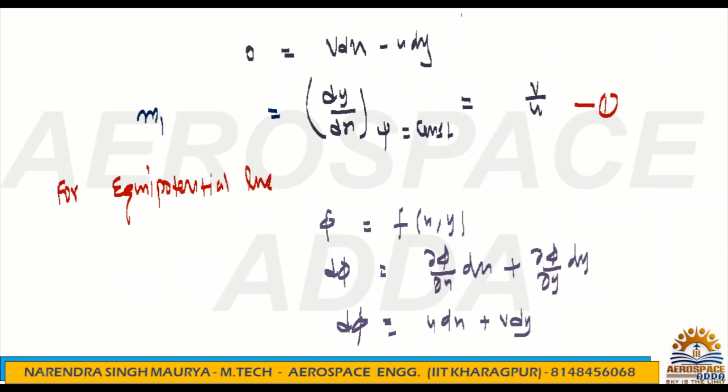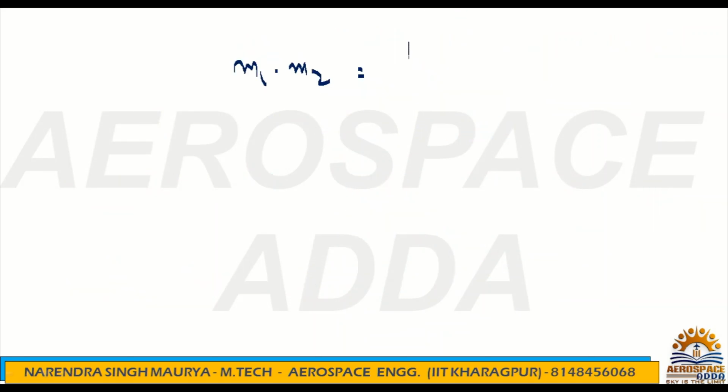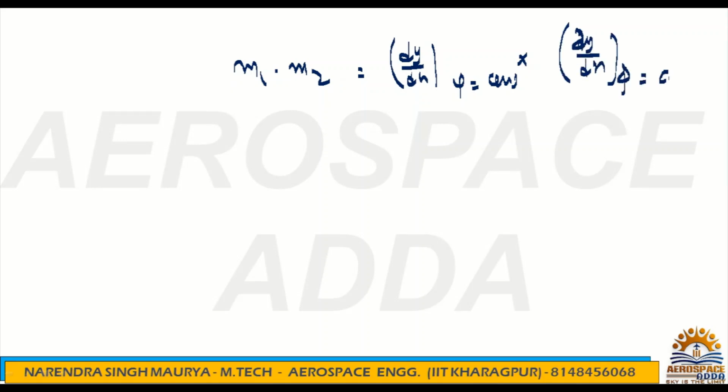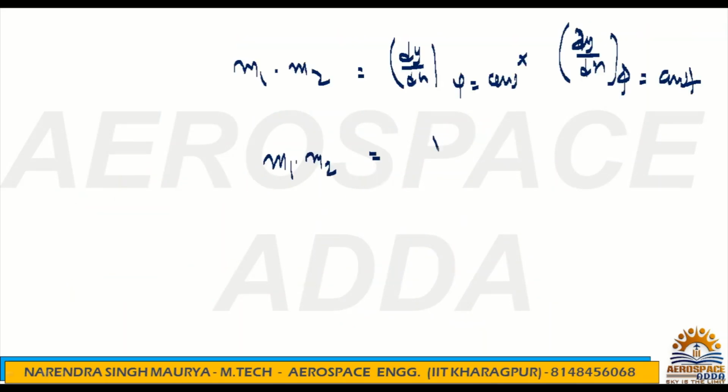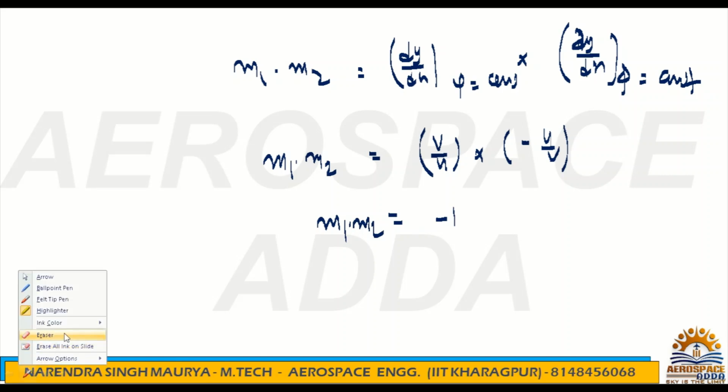It's v by u, that is dy by dx along psi equal to constant, and dy by dx along phi equal to constant is minus u by v. This value, m1 into m2, is minus 1.